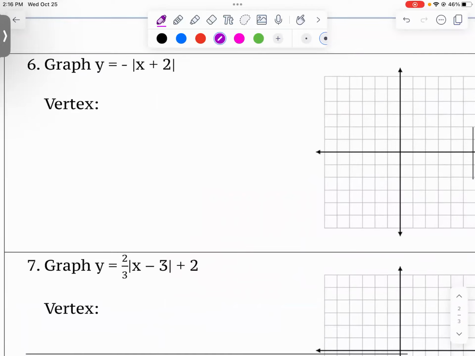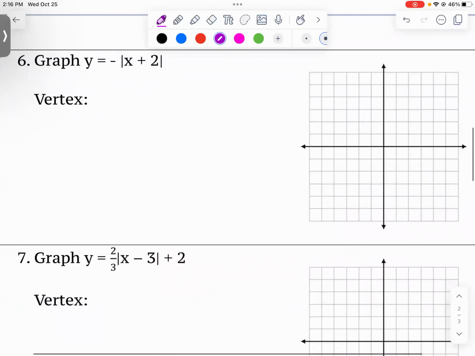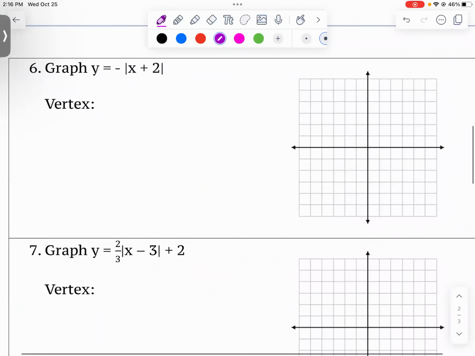Okay, all right, so let's go to the back side. Let's look at number 6. Kyron, what do you think about the vertex for number 6? Okay, so how are we going to write that?